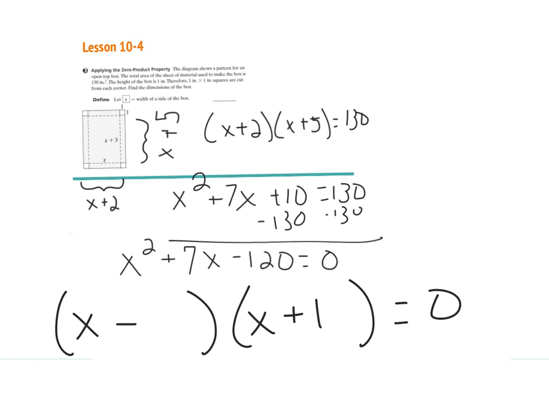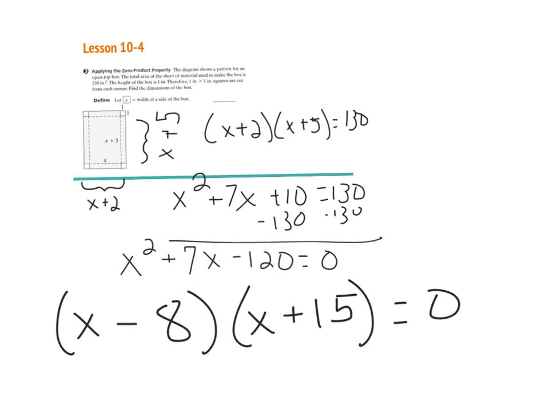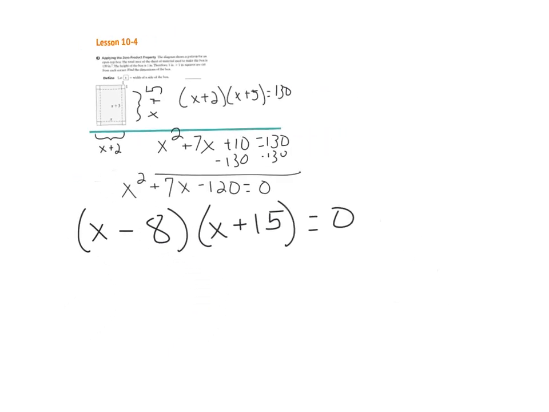So I'm going to put my 15 with the plus and my 8 with the minus, right? And I can check, I can FOIL it back, and I do get x squared plus 7x minus 120. Okay, awesome. So now what I'm going to do is set each factor equal to 0.